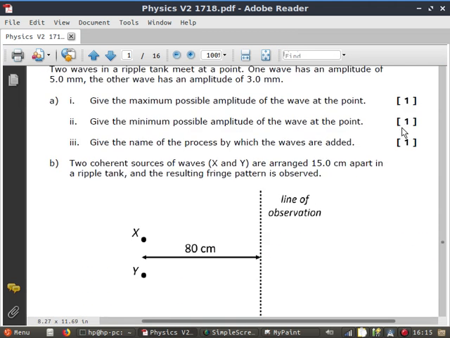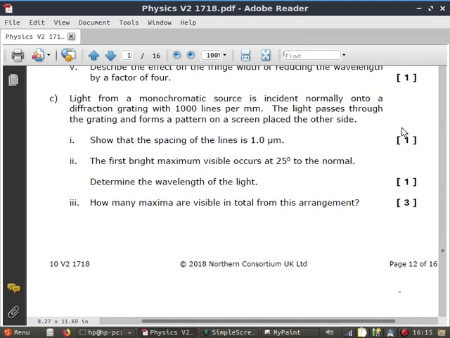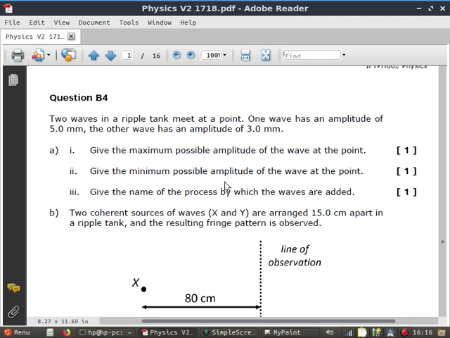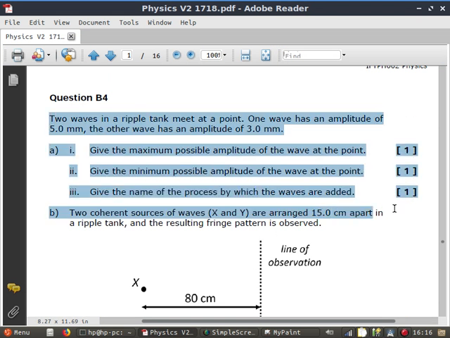B4. Okay, so we'll do it bit by bit. So let's do the first part here. For 3 marks, just 3 minutes, first part. Go.